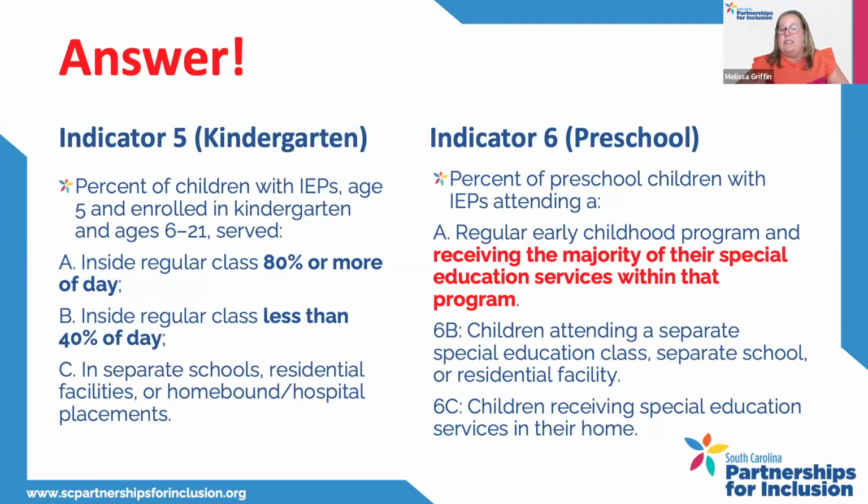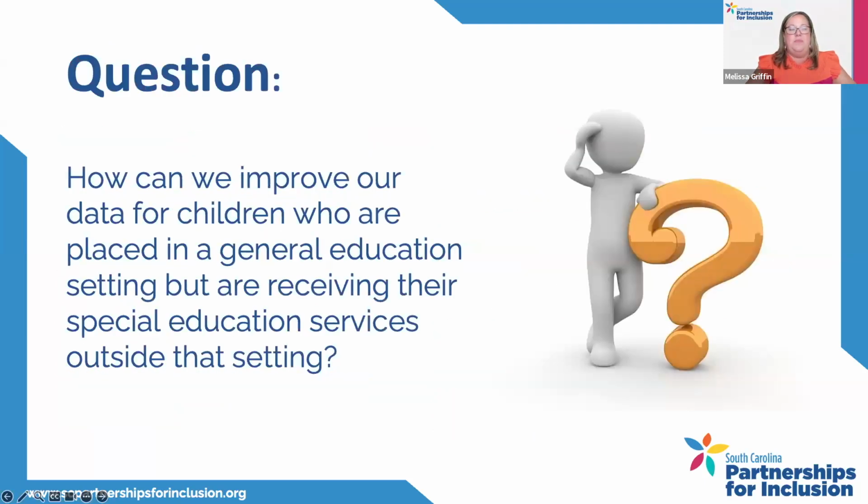So that's where that difference is. And so we really wanted to point that out because I know there was some question about that. But it's all about where they're receiving their special education services for preschool versus the amount of time that they're spending in a regular ed classroom with kindergarten. Any questions on that? All right, so we can go on to our next one.